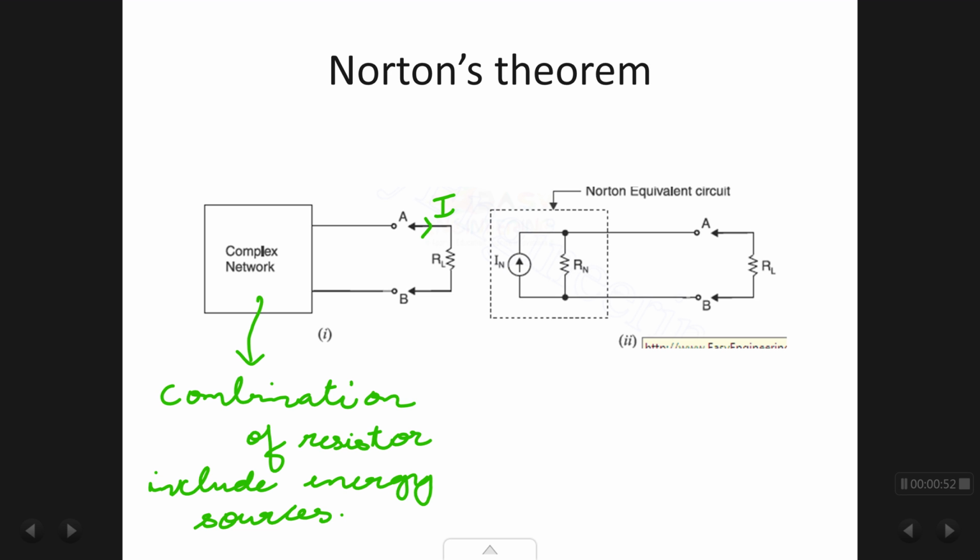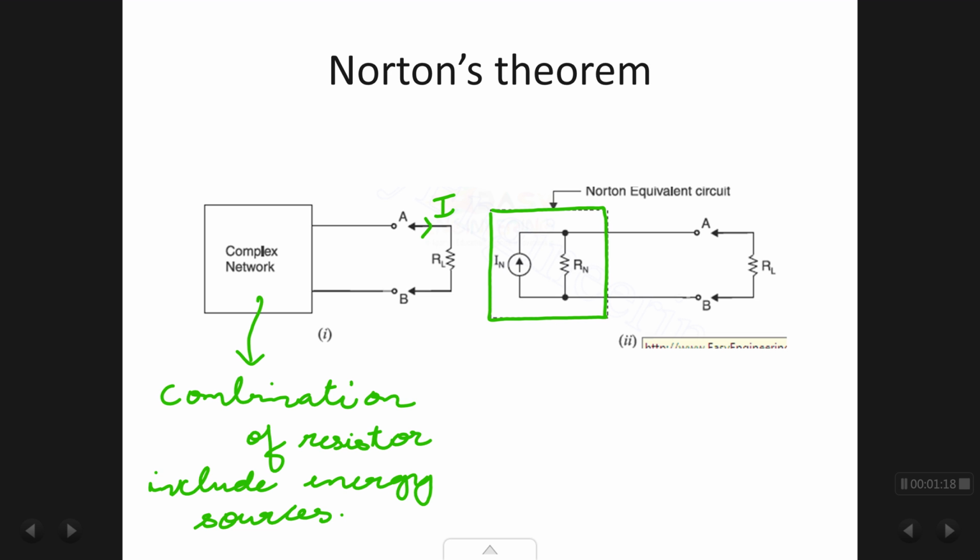Now, if I want to use the technique of Norton's theorem, I have to replace this entire complex network by this dotted block.